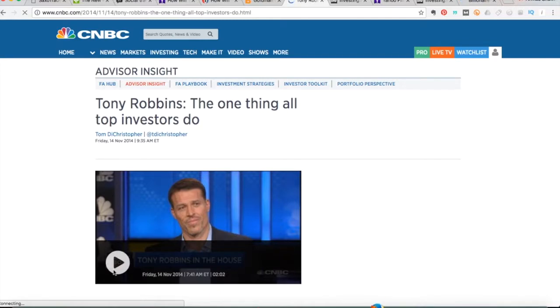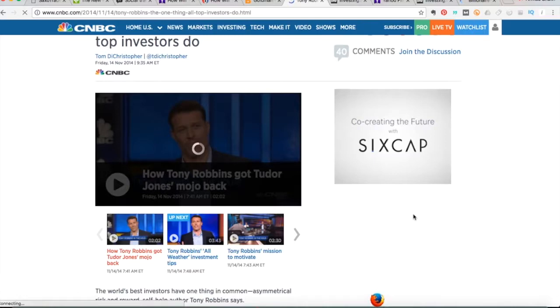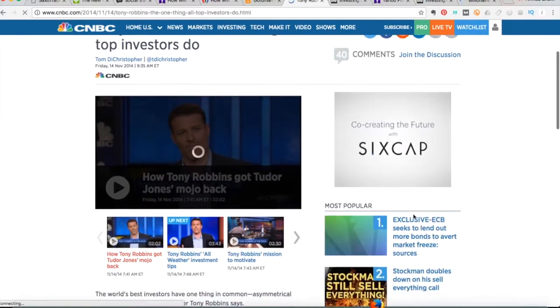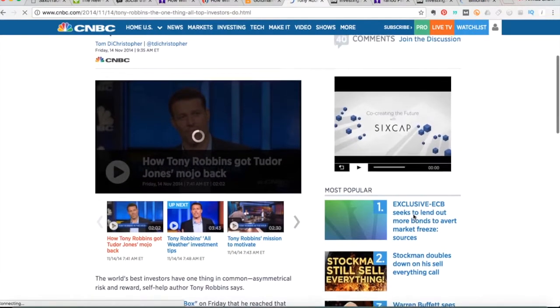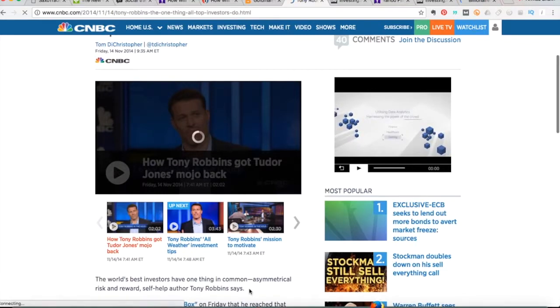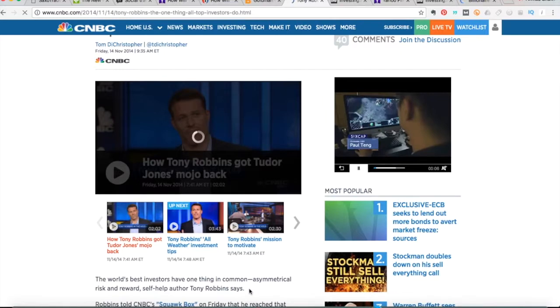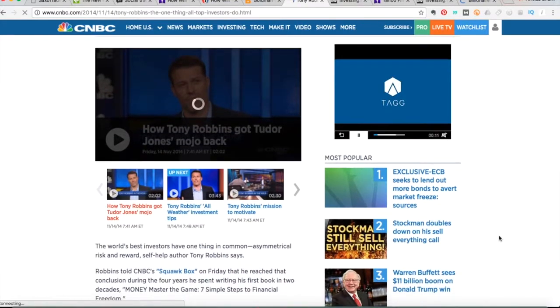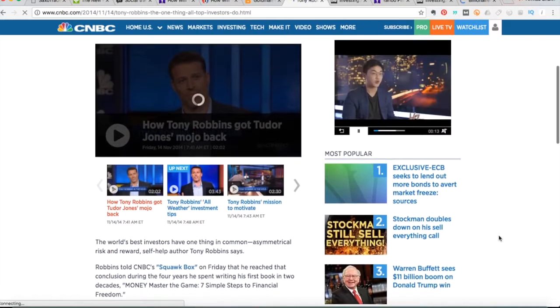The one thing that top investors do gives us a very good lesson on what to do, especially when we are investing. And look here: the world's best investors have one thing in common, asymmetrical risk and reward, self-help author Tony Robbins said. So it's very important that we know how these guys trade.